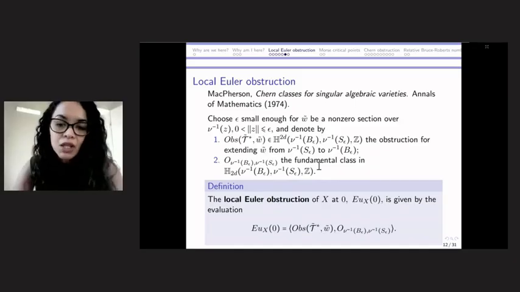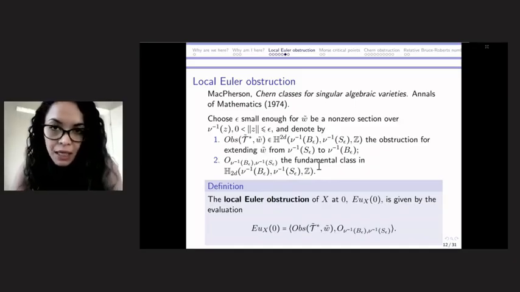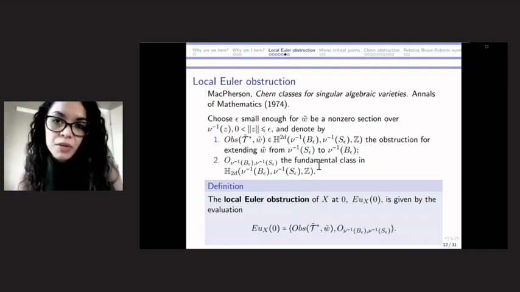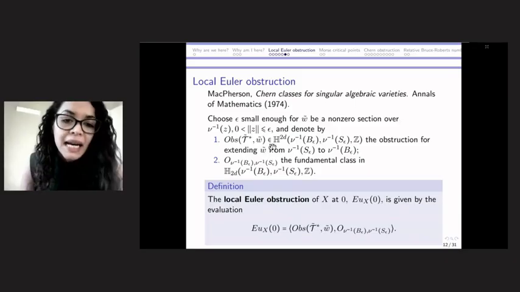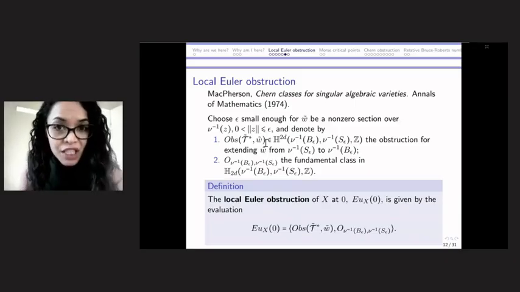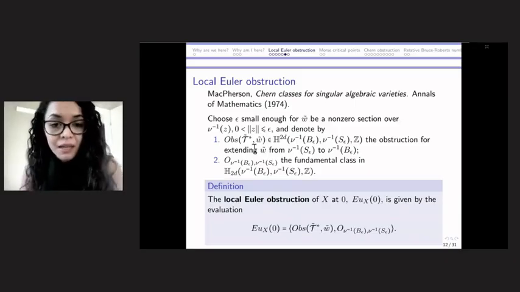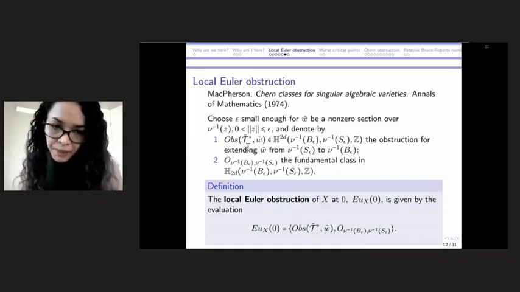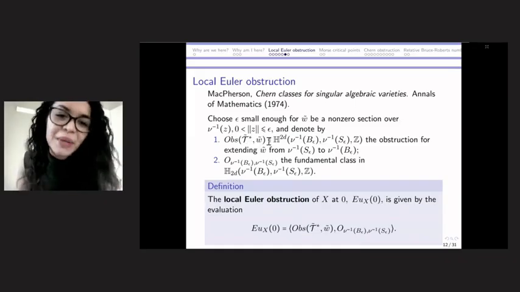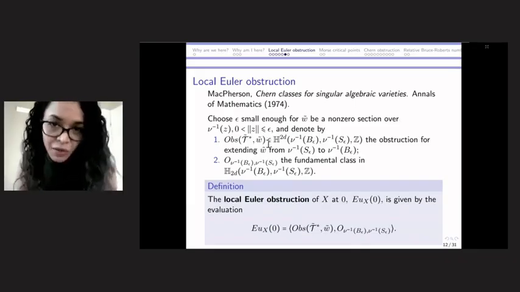This type of question of extensions of sections, differential forms, functions, this is what obstruction theory does, right? So we can associate to this situation a cocycle. It's a cochain. At the beginning, we begin with a cochain, but after, obstruction theory shows that this is actually a cocycle.